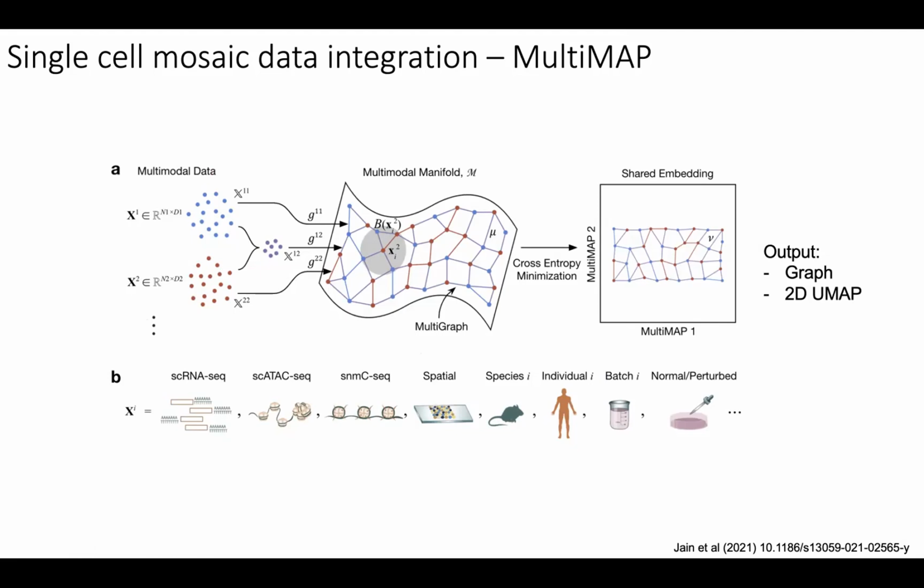So using this optimization approach to minimize and get as uniform a structure as possible, you result in an output graph as well as a 2D UMAP equivalent. So this is the MultiMap approach.